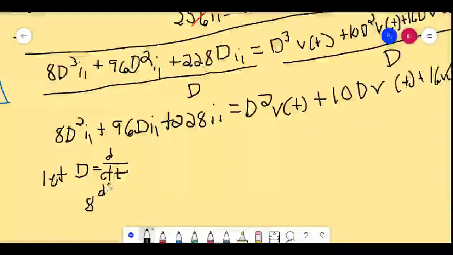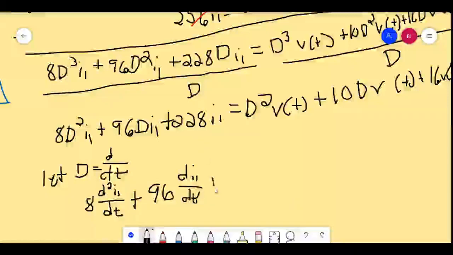So this would become 8 d squared I1 over dt plus 96 di1 over dt, 228 I1.